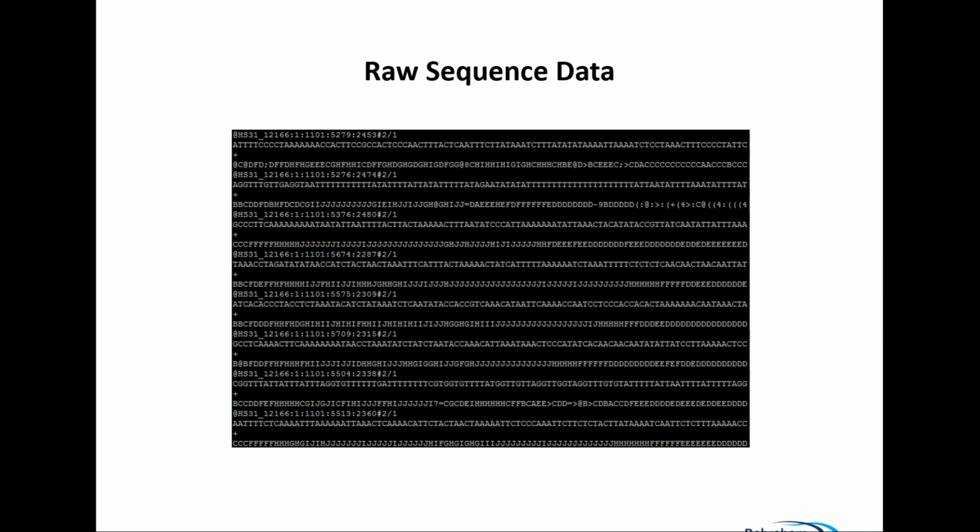This is a screenshot of a FASTQ file, which has 4 different lines per sequence. The first line is a sequence ID field. The second line is the actual sequence. The third line is irrelevant, and the fourth line is a quality control string, which corresponds exactly 1-to-1 to each of the base calls.